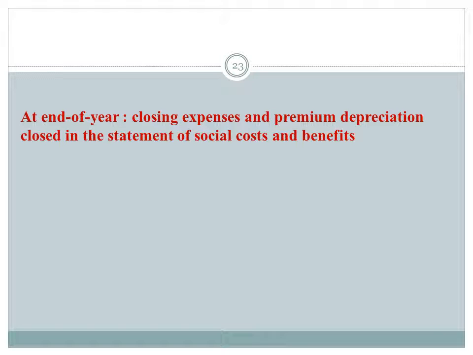At the end of the year, closing expenses and premium depreciation are closed in the statement of social costs and benefits. What does it mean? It means any account that firstly appears on the debit side should be closed on the credit side.